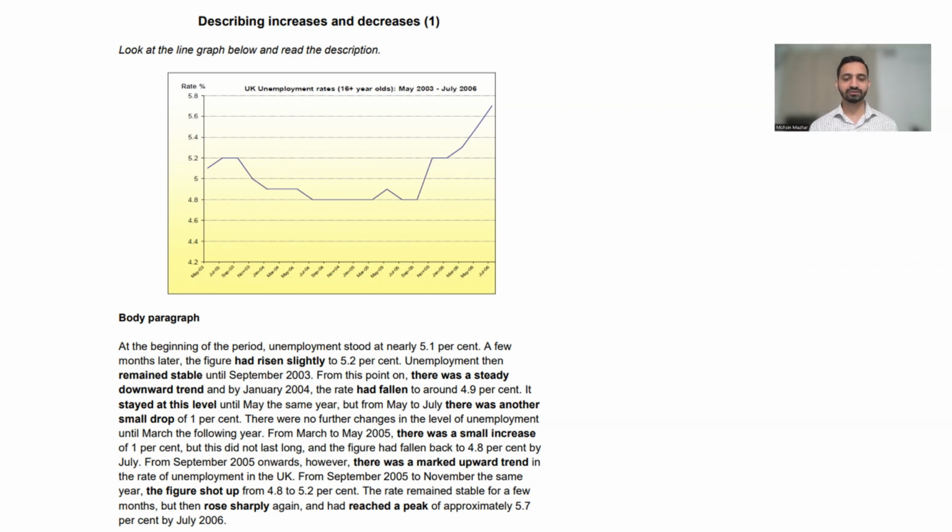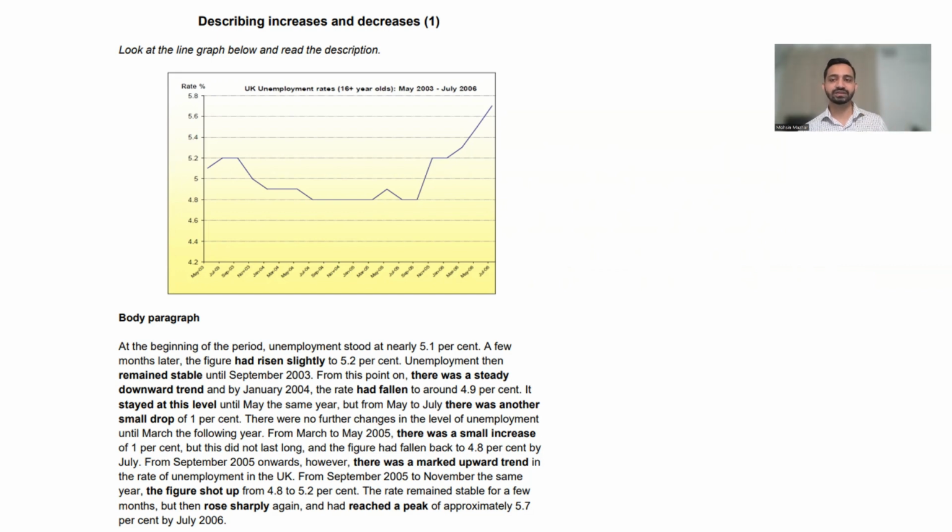From September 2005 to November the same year, the figure shot up from 4.8 to 5.2%. The rate remained stable for a few months, but then rose sharply again and had reached a peak of approximately 5.7% by July 2008.